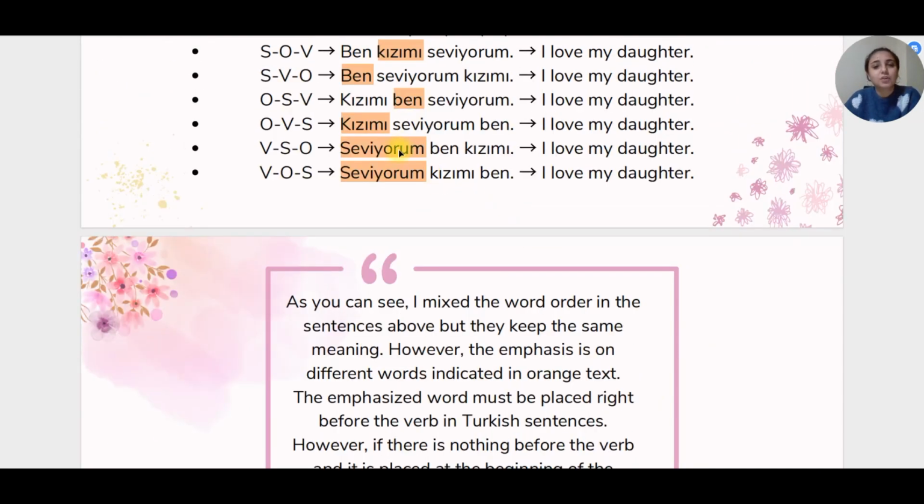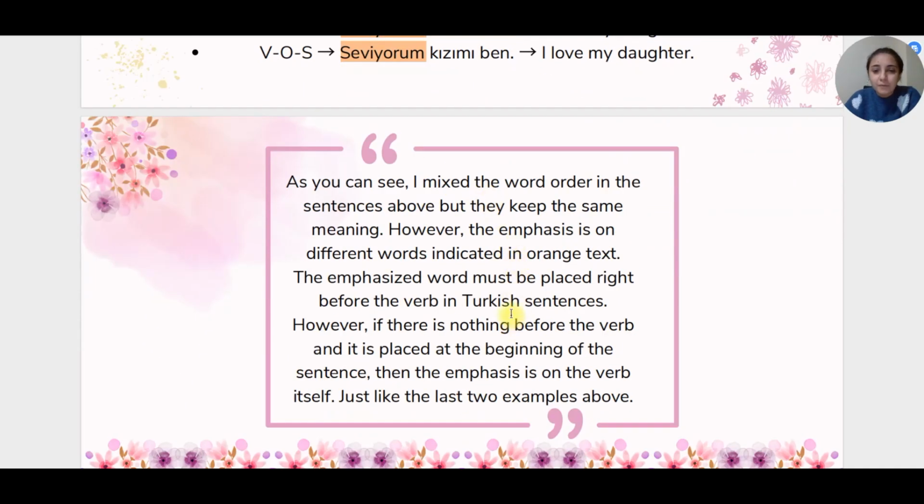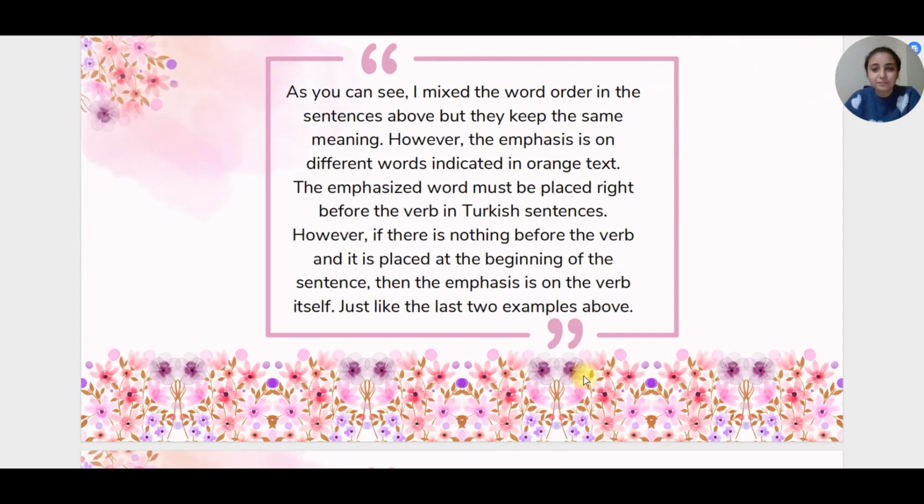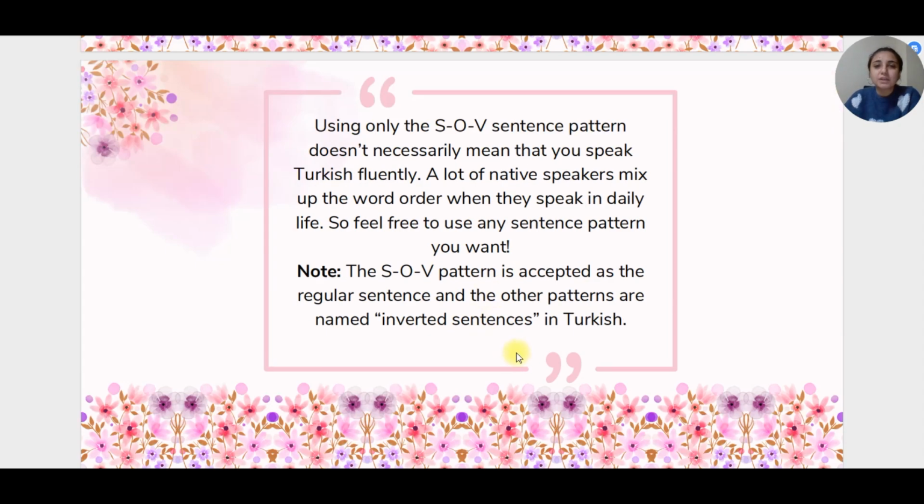Here, seviyorum ben kızımı, seviyorum kızımı ben. The emphasis is on the verb itself. Okay. Using only the SOV sentence pattern doesn't necessarily mean that you speak Turkish fluently.